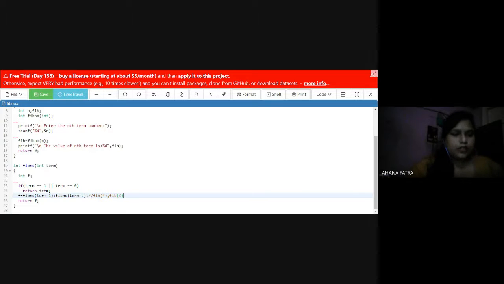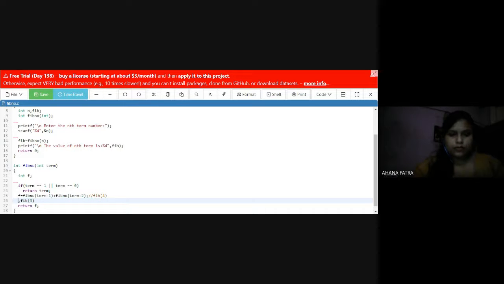In the next iteration, when fib 4 is called, it simply calls fib 3 again and fib 2. And fib 3 calls fib 2 and fib 1.